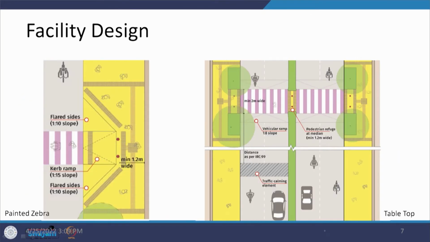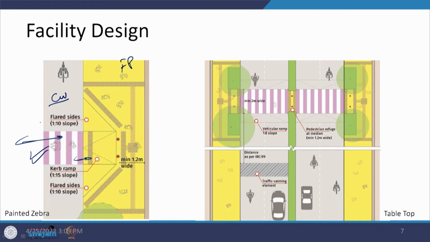If we look at some specific things with respect to the design of a facility, and when we are talking here the facility, we are talking about a crosswalk. Now, different things can be there, and we have to see what are the associated features which need to be provided in those cases. Say there is a zebra crossing here, pedestrians are going to move this way or that way. There is a footpath here, a connectivity has been created between the carriageway at which the zebra crossing is being provided.